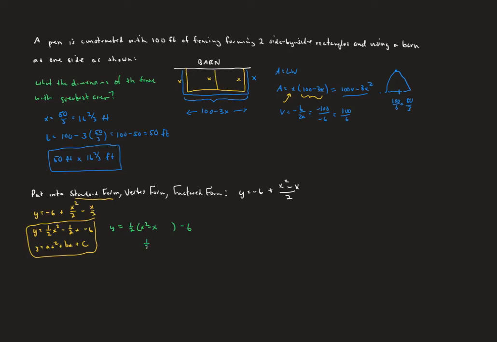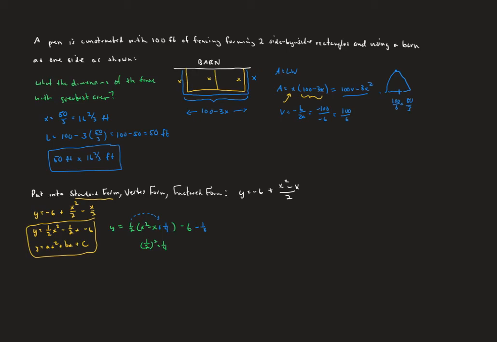Half of 1 is 1/2. Squared is going to be 1/4. So we are going to add in here a 1/4. That 1/4 will get multiplied by a half. That makes that 1/8 that we've added to that side of the equal sign. So we're going to turn around and subtract it back off.